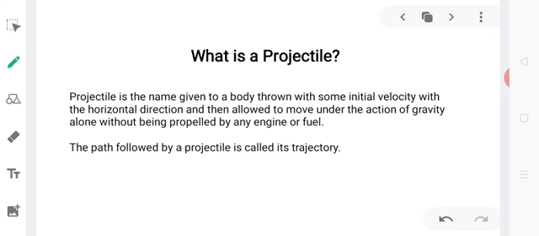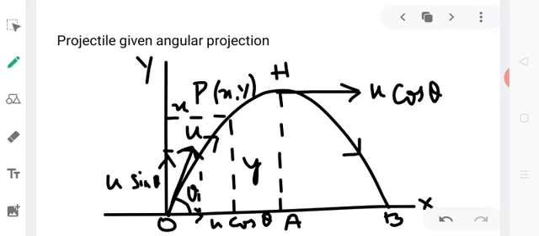In our previous class, we had discussed the situation for a projectile given horizontal projection. Today, we will be discussing the situation when a projectile is given angular projection. Now for this, consider OX, a horizontal line on ground, and OY is a vertical line perpendicular to ground.